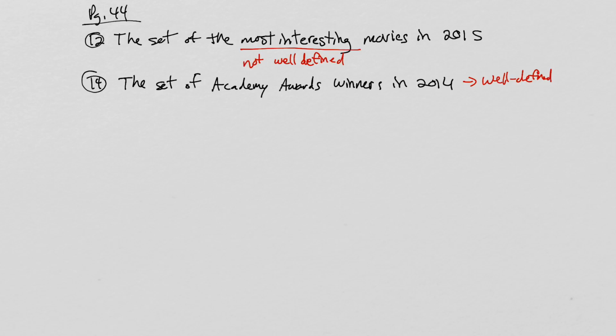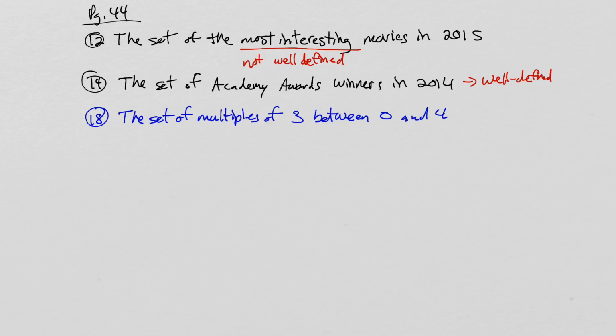Okay, next set. Let's see. 18. 18 says determine whether each is finite or infinite. So 18 is the set of multiples of 3 between 0 and 40.